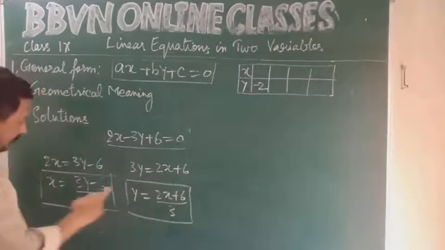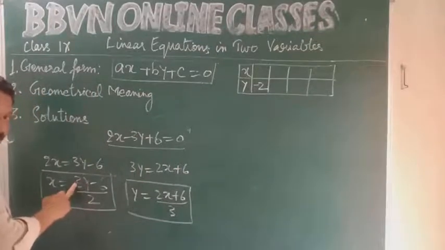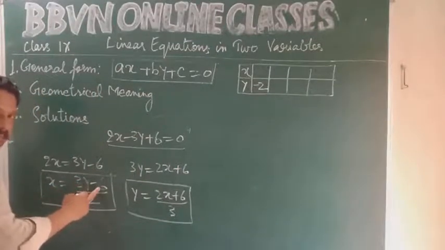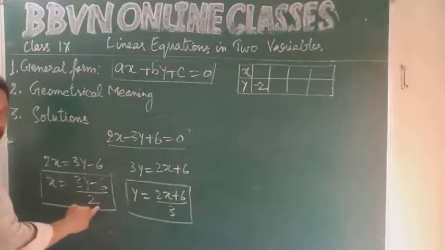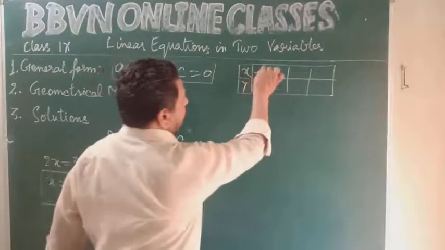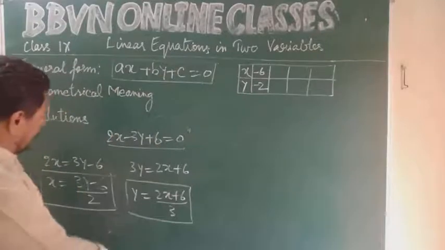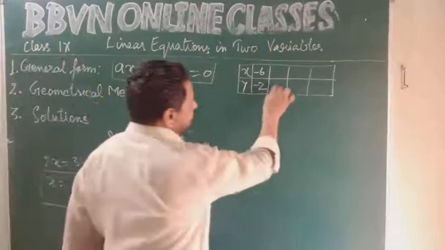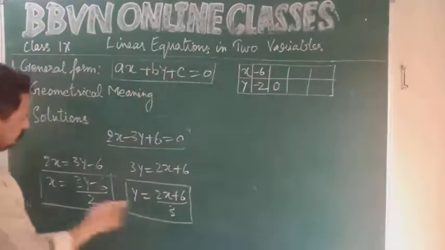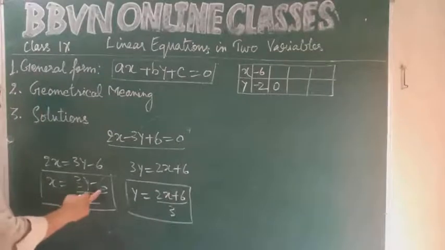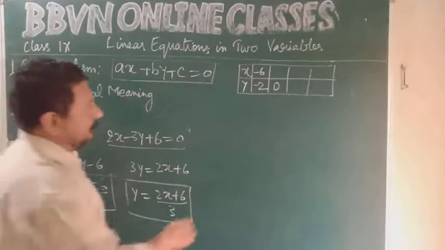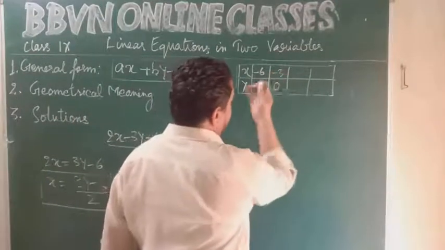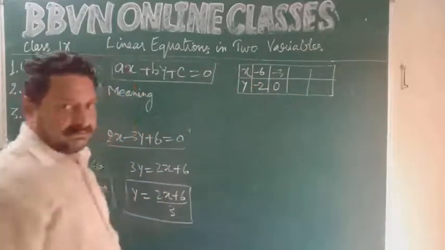Substitute y equal to minus 2. Minus 2 into 3 is minus 6. Minus 6 minus 6 is minus 12 divided by 2, minus 6. The value of x is minus 6. Say I take y equal to 0. 3 into 0 is 0. 0 minus 6, minus 6 divided by 2 is minus 3. The corresponding value of x is minus 3.